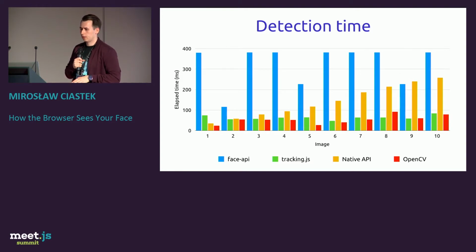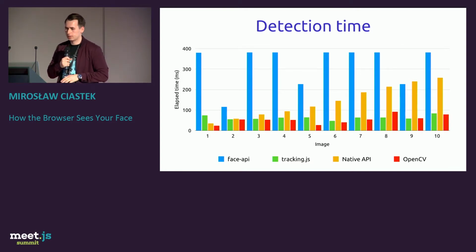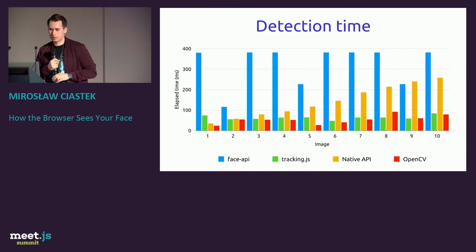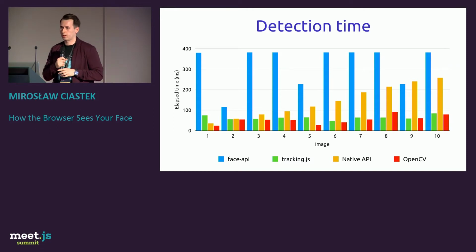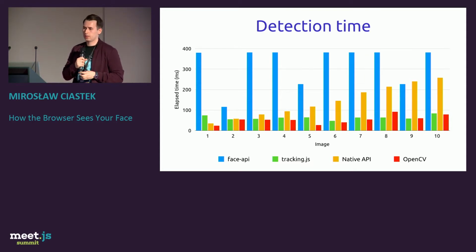As you may see, the slowest one is the face API. But in my opinion, it's not that bad, because you get the long response, but you have higher accuracy compared to, for example, TrackingJS. Just try to tilt your head a bit or rotate it, and you will see what I mean.